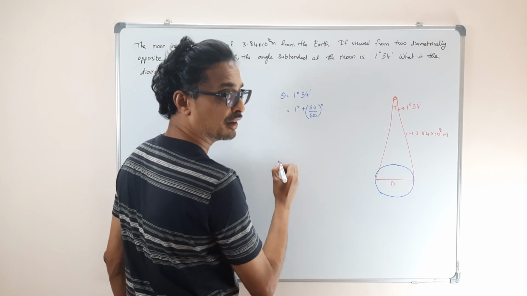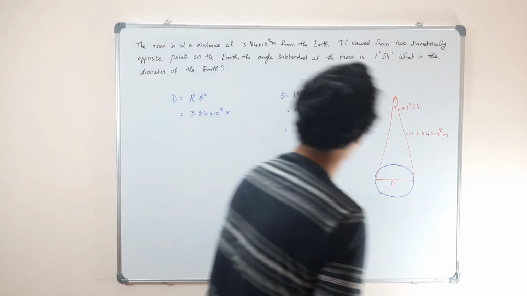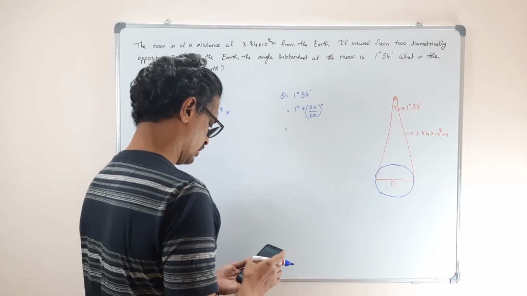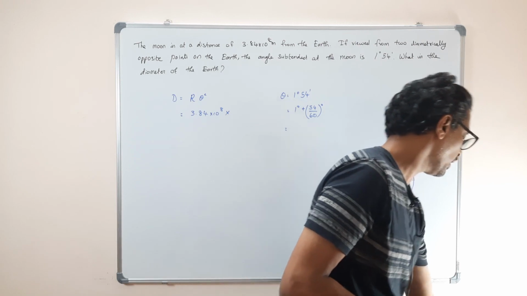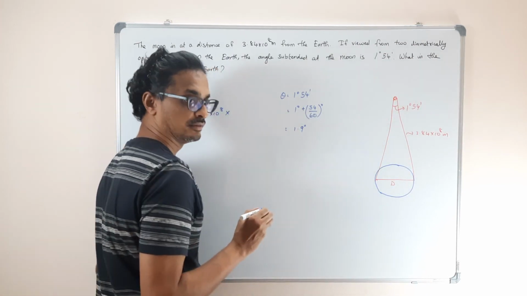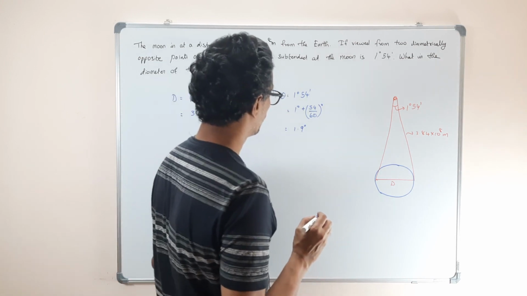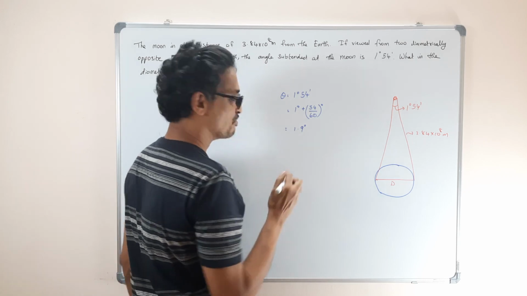This is what we have to do, right? So what will be 54 by 60? 0.9. So this will be 1.9 degree.